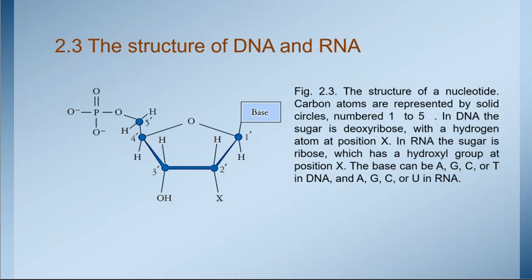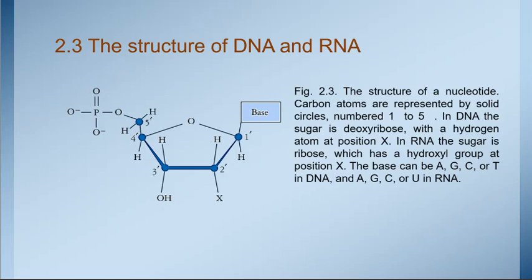Nucleic acids are heteropolymers composed of monomers known as nucleotides. A nucleic acid chain is therefore often called a polynucleotide. The monomers are themselves made up of three components: a sugar, a phosphate group, and a nitrogenous base.